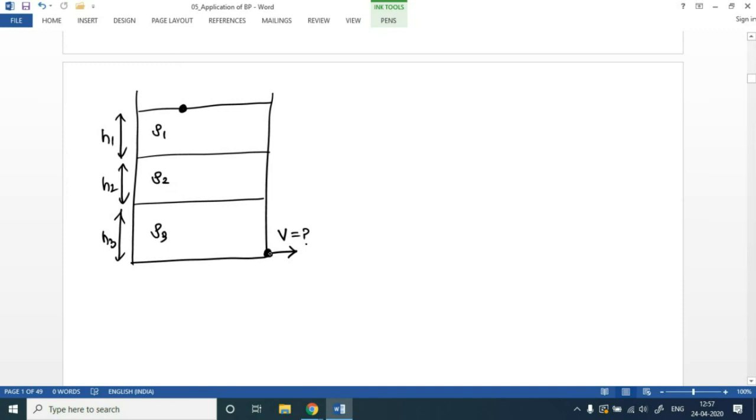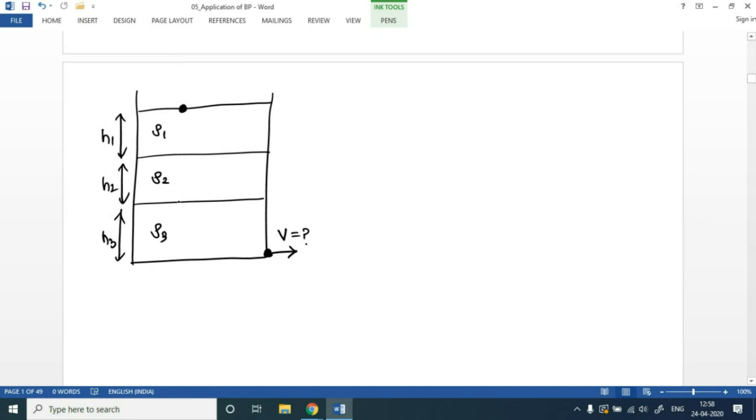No, we cannot do that, because this point is located in a liquid of density rho 1, and this point is located in the liquid of density rho 3. And as we said earlier, Bernoulli's principle is applicable in a homogeneous liquid, meaning the density has to be the same throughout. So we need to choose 2 points where we have the same liquid.